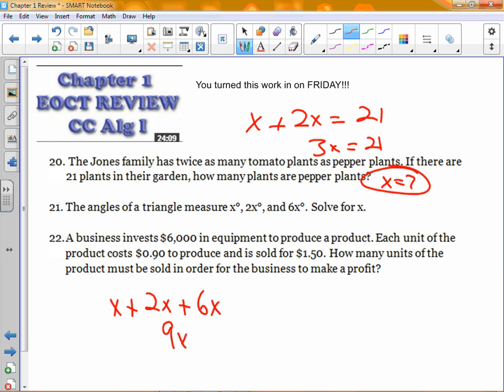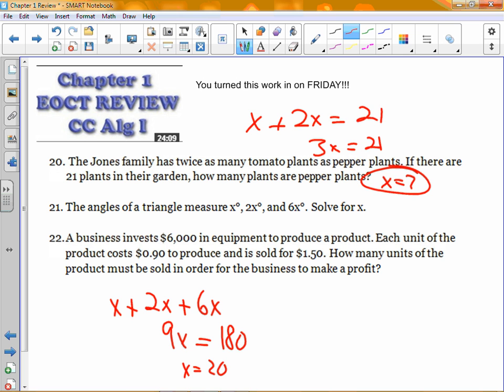That's the cool thing about a triangle. As you progress through, you'll find out different objects have different sums of the interior angles, but a triangle is always equal to 180. You guys stop short right there. So if 9X equals 180, X is 20.